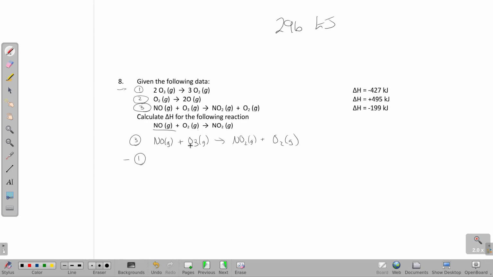I want to get rid of this O3. So along with reversing it, I'm going to change the coefficients. So I'm going to multiply all my coefficients by 1/2. Reverse and half of it, equation 1. So that's going to be 3/2 of an O2 turning into just an O3 gas.